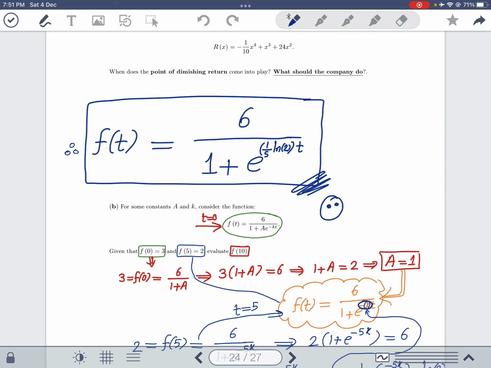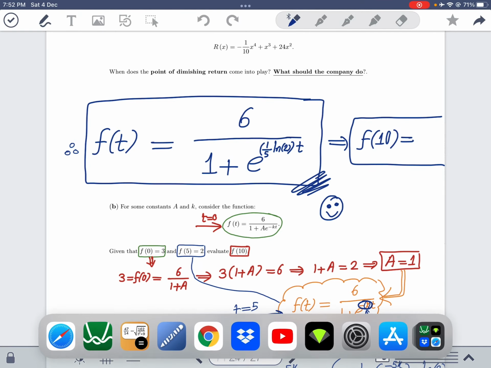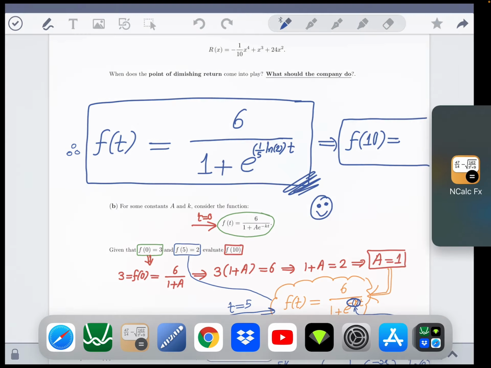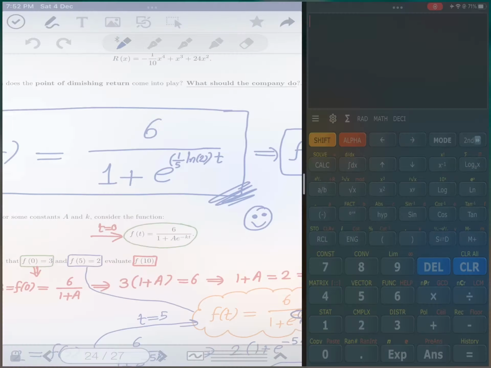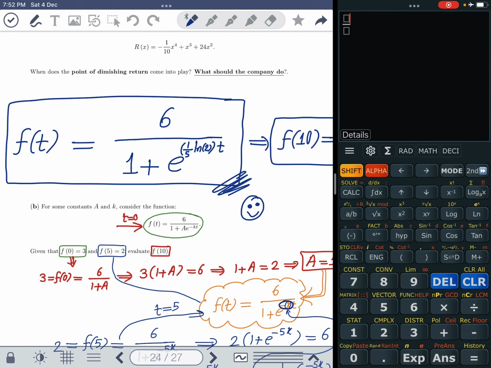Put a happy face, and you say this means that f of 10 equals, let's get our calculator. So first we need to write the function. So I will put fraction 6 over 1 plus e to the power, and then 1 over 5 ln 2, and that's the constant, times t.